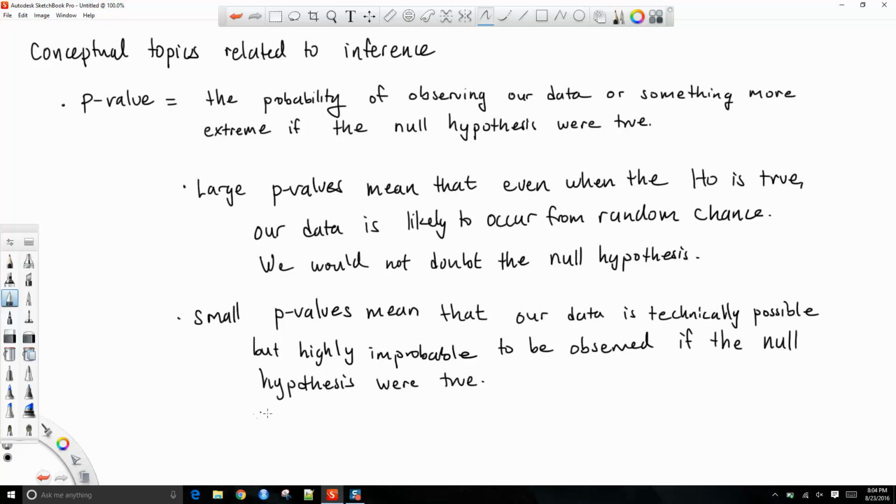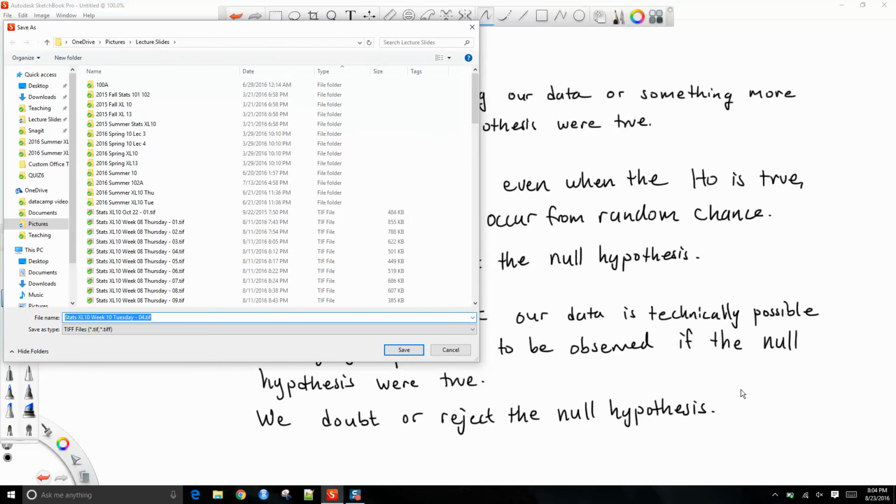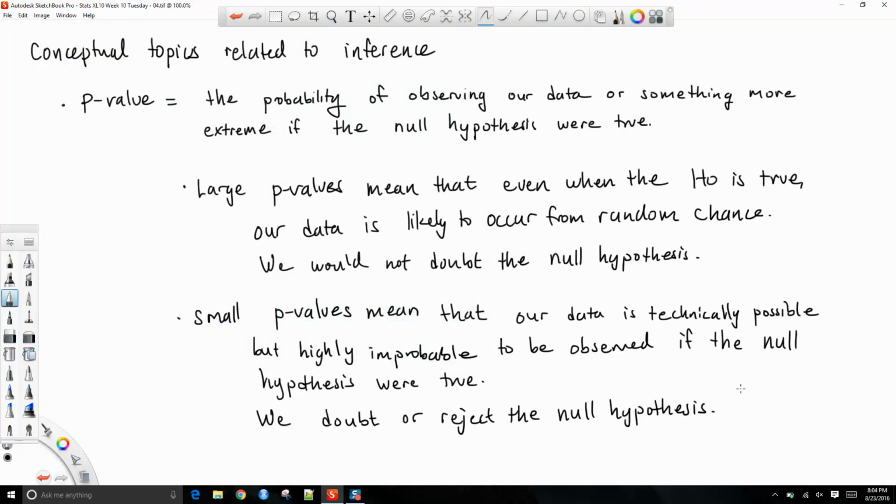So here we doubt or reject the null hypothesis. Now, our decision whether to reject or not reject, or whether we decide our p-value is large or small, depends on our choice of alpha.